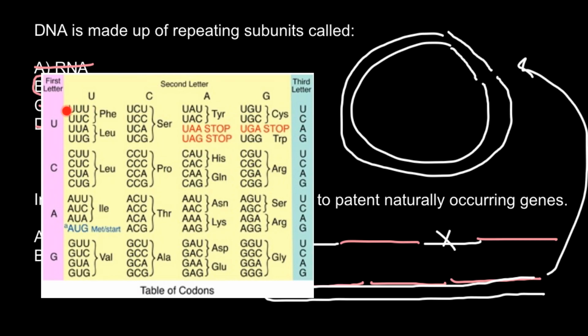For example, if in a certain place in a human gene we have uracil, uracil, uracil, scientists can change it to uracil, uracil, and cytosine, and still the same amino acid would be produced. So this is going to be another way how biotech companies can overcome restrictions of this law.